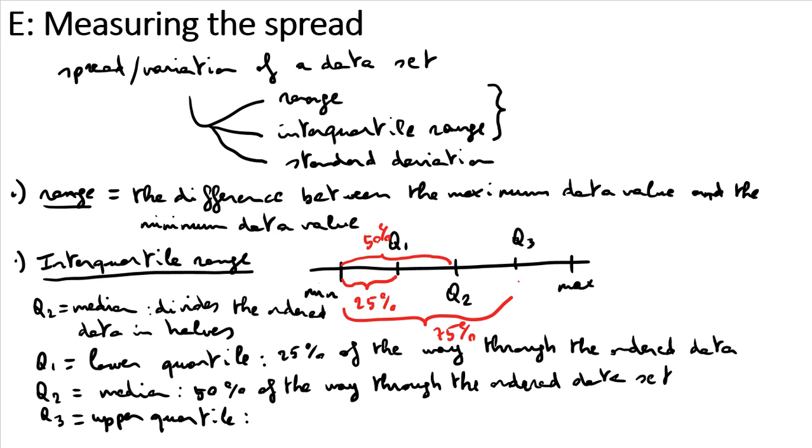So that means that we are 75% of the way through the ordered set.